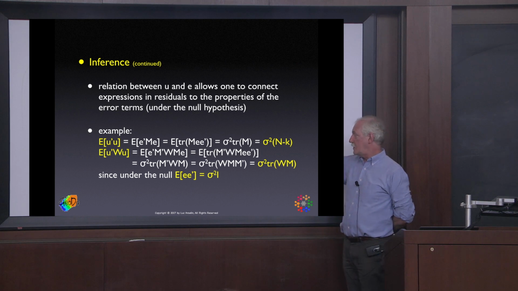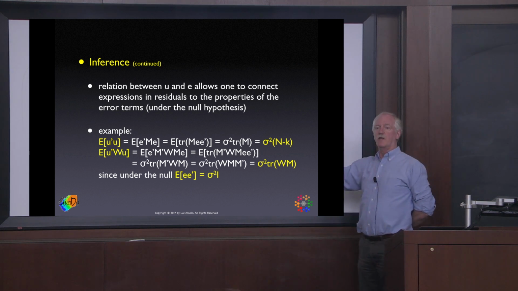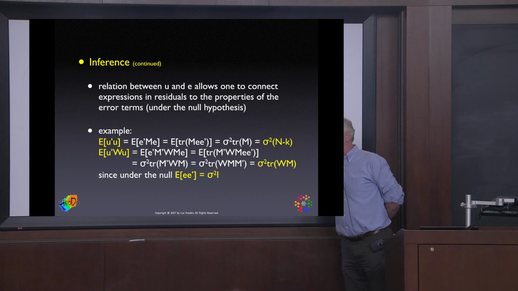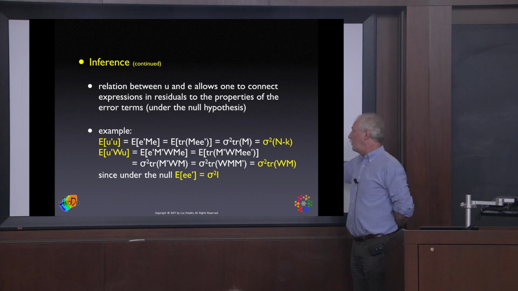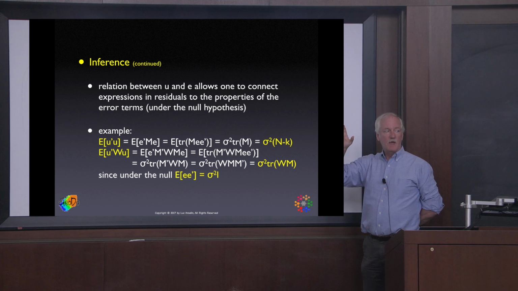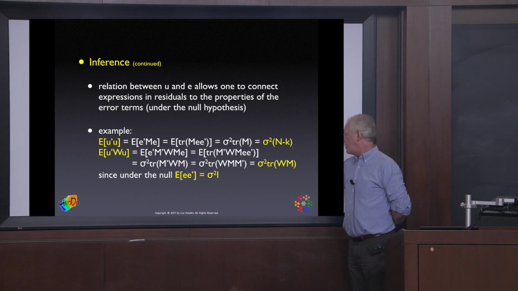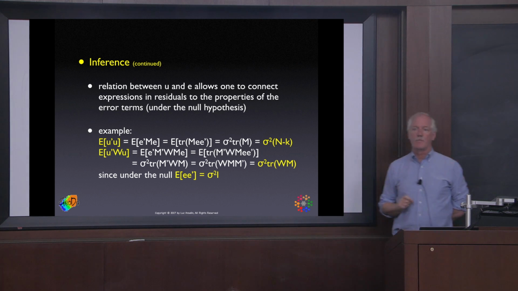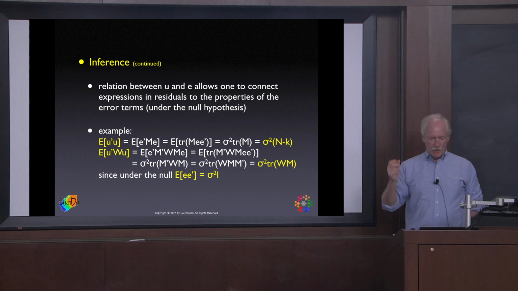So we put in the trace, and then we start moving things around. And at the end, we end up with two M's next to each other, which just become one M again. So the expected value of the numerator in Moran's I is sigma squared times the trace of the weights matrix with M. Right. And then we're in business.